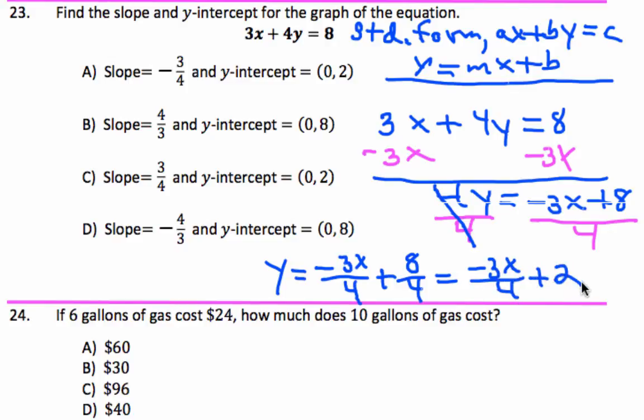Reduce this 2. So we see that the slope is going to be negative 3/4. That's what's multiplying the x, and we do have now the slope-intercept form. And we see the y-intercept is positive 2. That represents the b. So this is the y-intercept, and this is the slope.